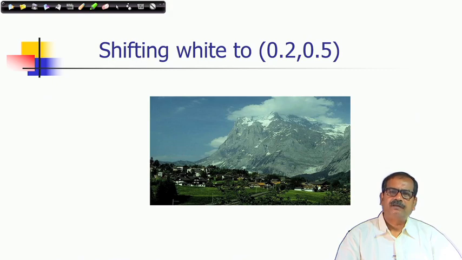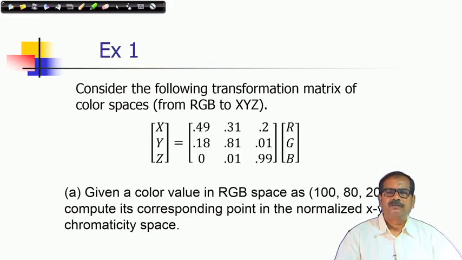So there are different effects possible by varying these points. This is one example of processing color images by using the normalized CIE chromaticity chart, and let me discuss one exercise, how we compute this chromaticity point.